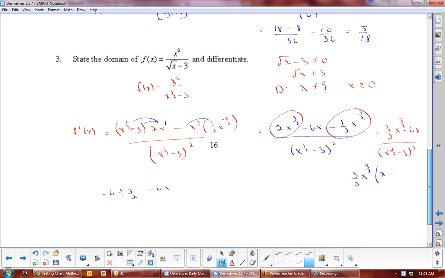That would be negative 6 times 2/3. That's negative 12 over 3, which would be negative 4.